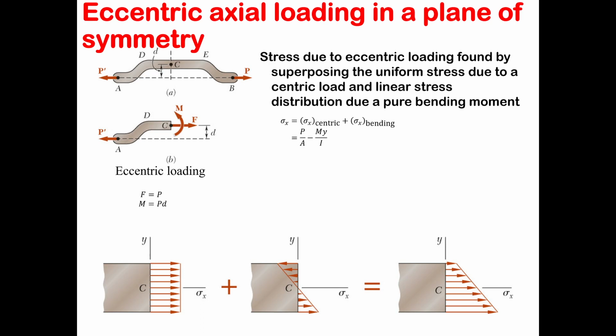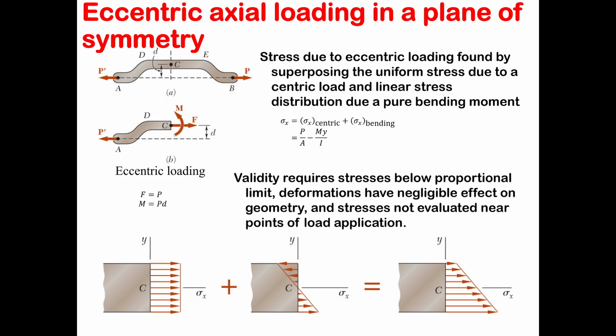So at this location C, we are going to have a moment and a force, right? So as I said, using the superposition, we can divide it into two different conditions, bending and the tensile stress. The tensile stress is going to be P over A. The bending stress is going to be negative My divided by I.